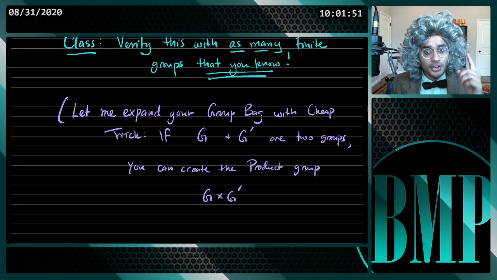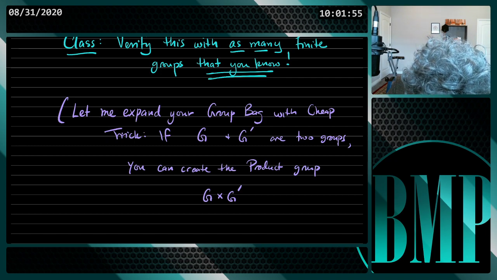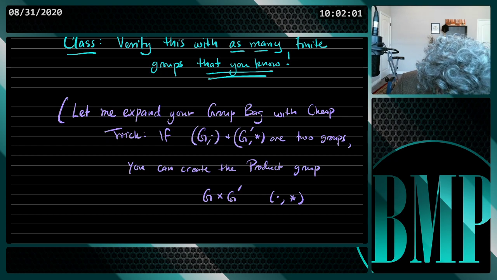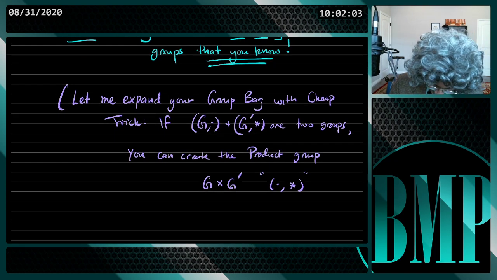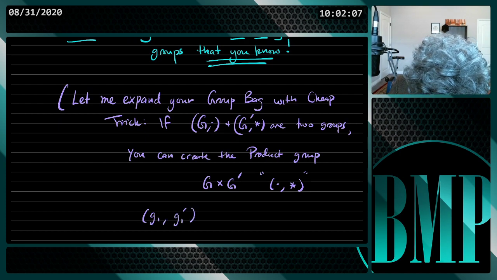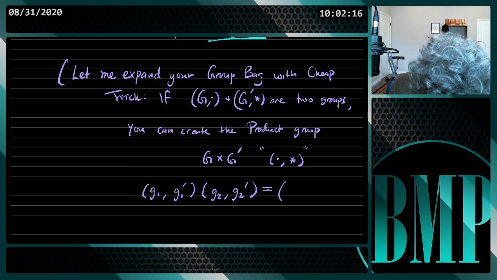The group structure is parallel computation. The operation is, if this is star and this is dot, the operation is this. So G1 comma G1 prime times G2 comma G2 prime is this pair.